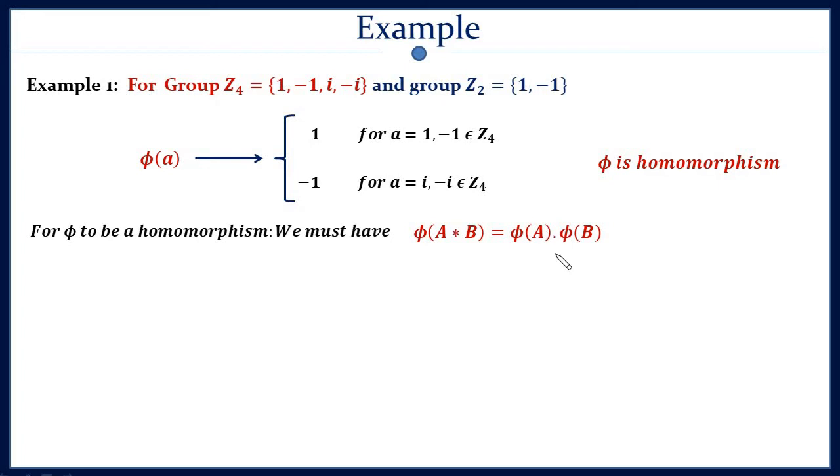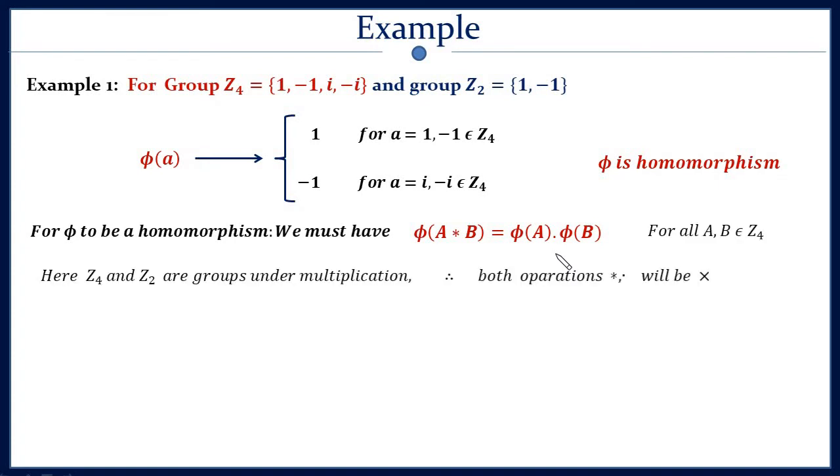We have seen these groups Z4 and Z2 in the lecture on cyclic groups, and there we have seen that Z4 and Z2 are groups under multiplication. Therefore, star and dot will be cross, that is multiplication. Therefore, what we have to prove now is that phi of A cross B is equal to phi A cross phi B for all values of A and B belonging to Z4.